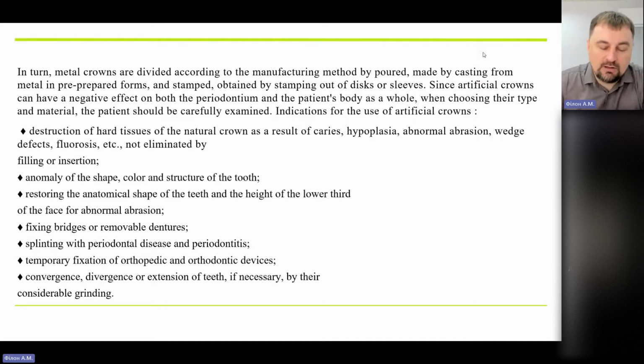So, I was talking a lot about structures, but of course, you can use crowns for aesthetic results. For example, the patient has an anomaly of the shape and color of the teeth of the front group, and a patient can come to your cabinet or clinic and ask, doctor, please, I want to change the shape and color of my teeth, what can you recommend?